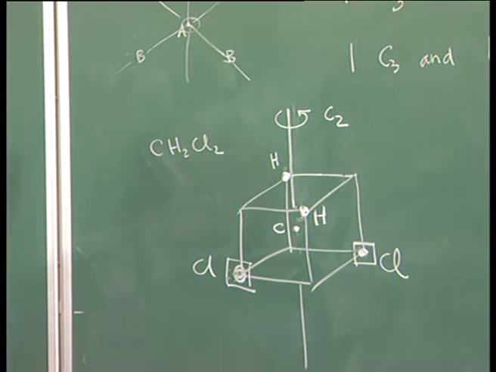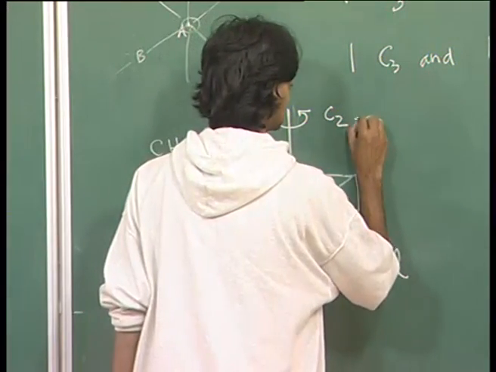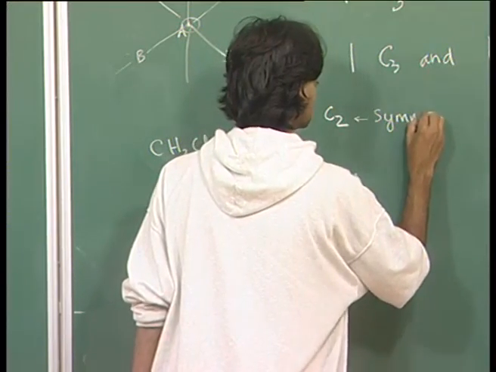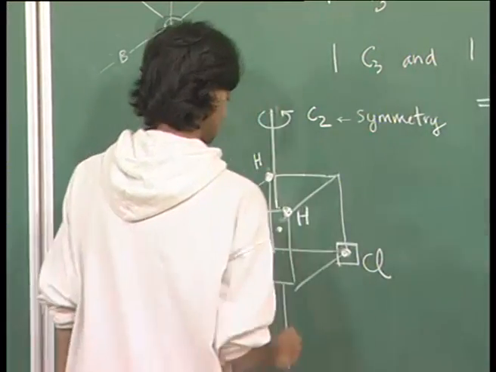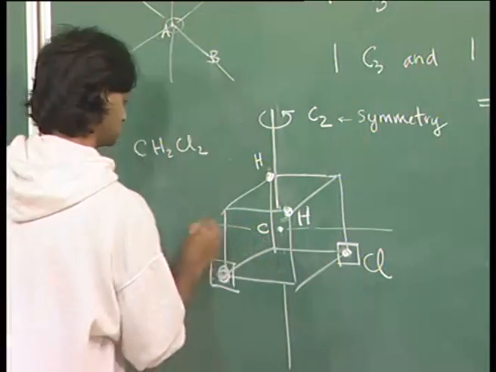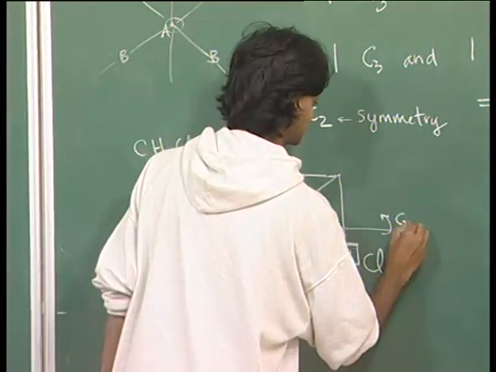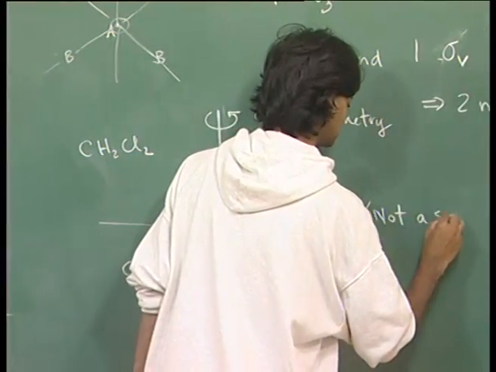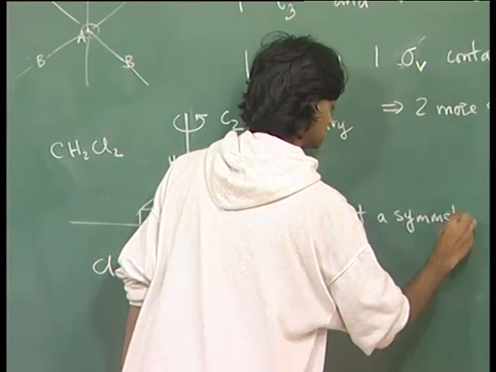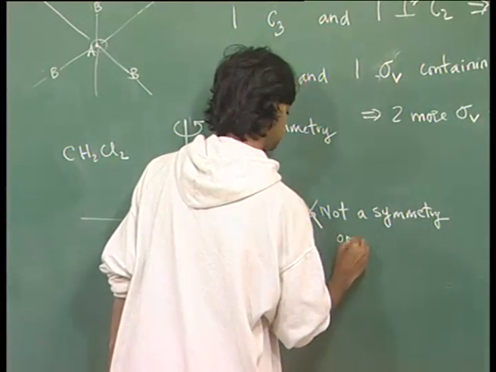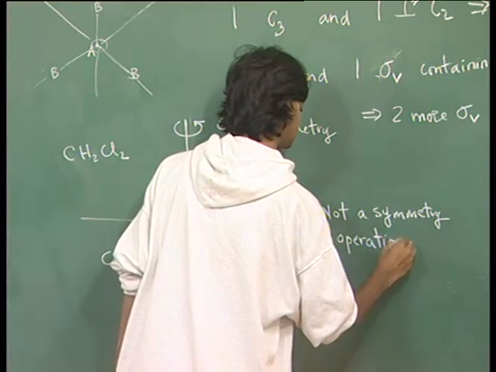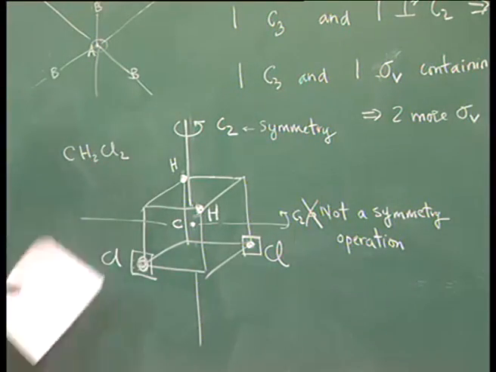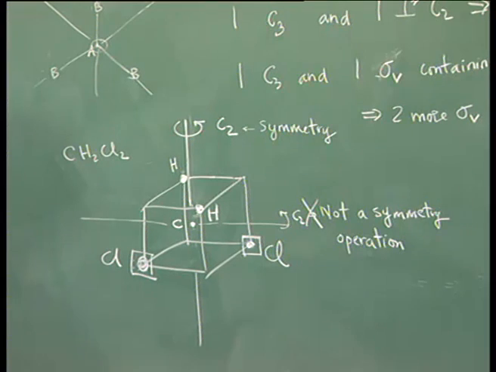So, this C2 is not a symmetry operation. And in fact, it turns out that this molecule has only one C2 axis. Okay. So, one axis for rotation by C2.